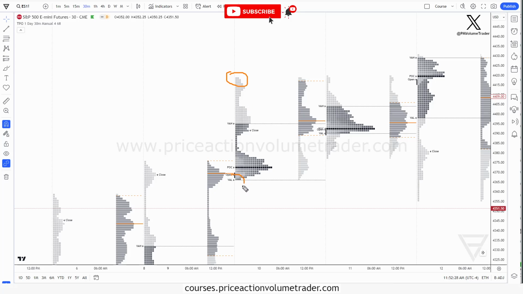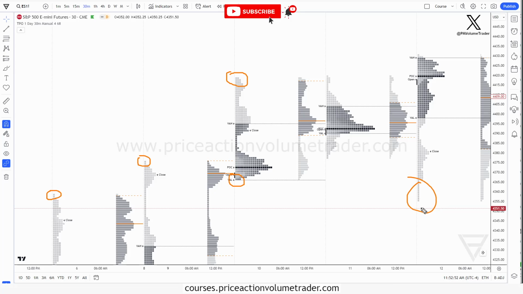And we have it here as well, we had a poor high and low on both extremes of this profile. Usually we want to see something like this: we want to see at least one or two single prints at the edges of the market profiles, because this indicates that this was a good auction.